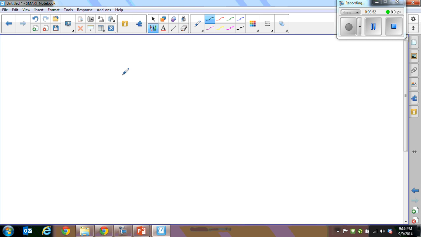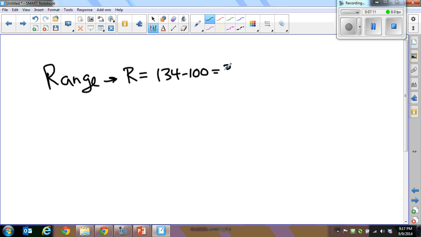Your lowest value is 100. So we want to find our range. What does our range, or R, equal? We take 134 minus 100, and you get a range of 34.